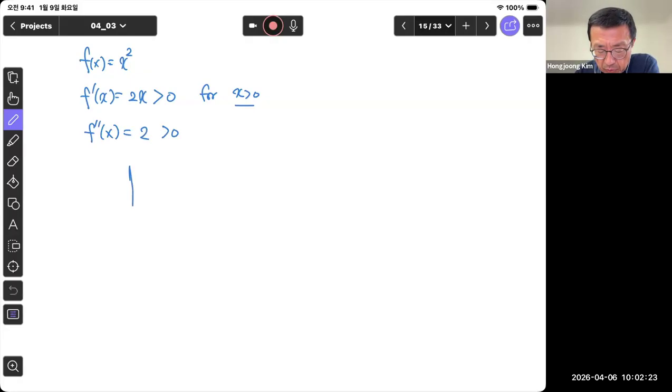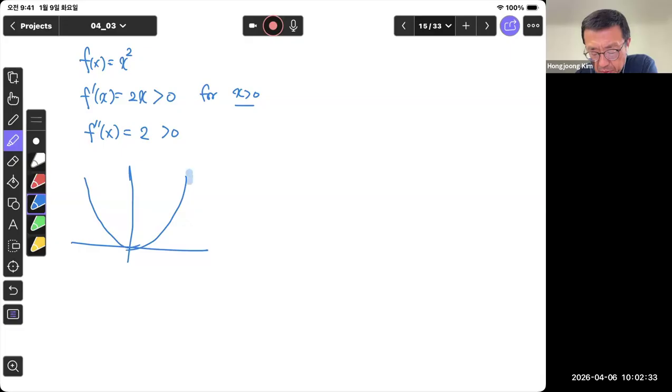So for the graph of x squared, I look at the portion corresponding to positive x. On this interval, my function is increasing, and the increasing pattern is like this.